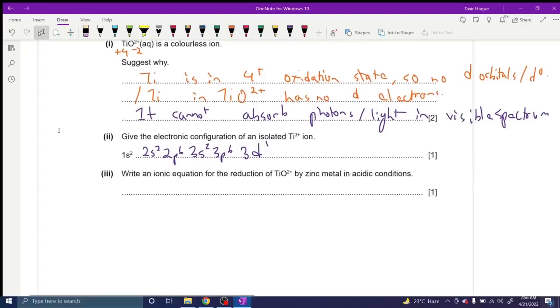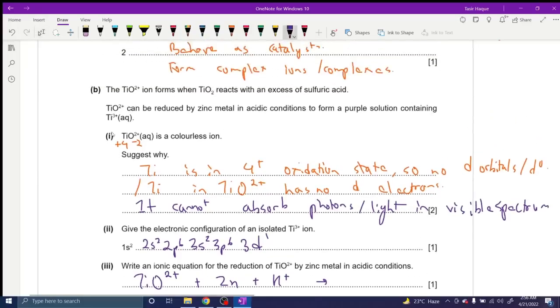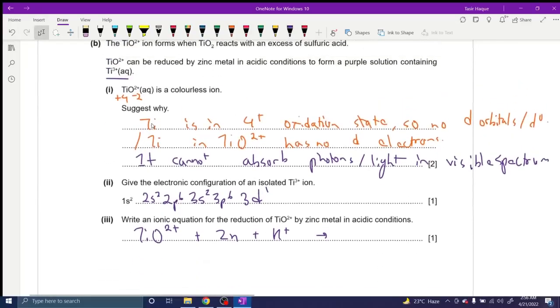Okay, write an ionic equation for the reduction of TiO2+ by zinc in acidic conditions. So we need to add H+. What's the product? We form Ti3+, and we form purple. Okay, so we form Ti3+.